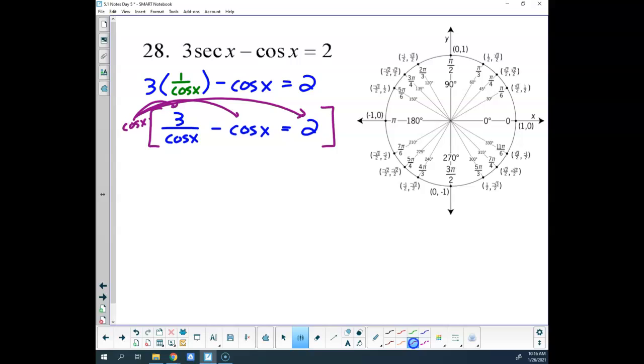If I do that, 3 divided by cosine times cosine is just 3. Cosine times cosine is cosine squared. 2 times cosine is 2 cosine.